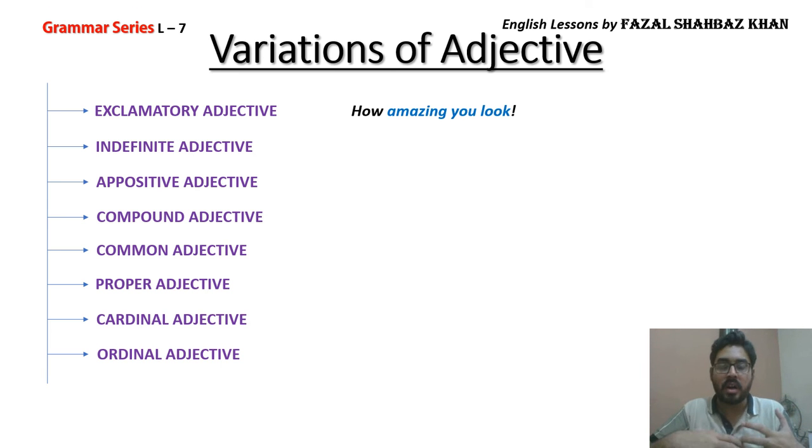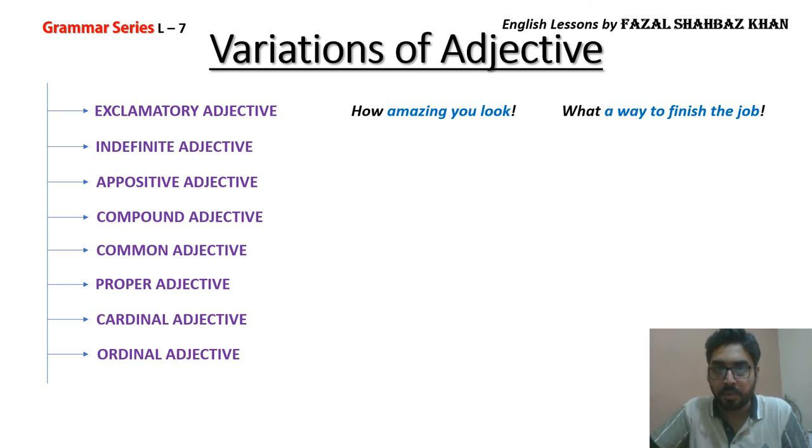When we begin our sentences with either how or what, more so for how. How is that genuine? What you can say is an exclamatory adjective, and we can simply attach what in as many sentences as you can see here, like the second one before you. How amazing you look. It's the feeling that you generate in yourself by looking at somebody and actually feeling inferior.